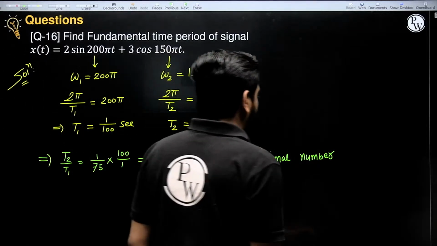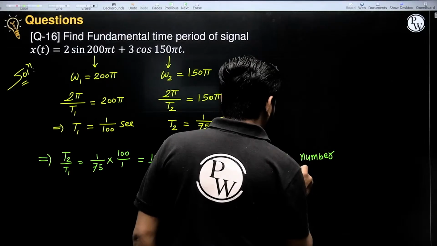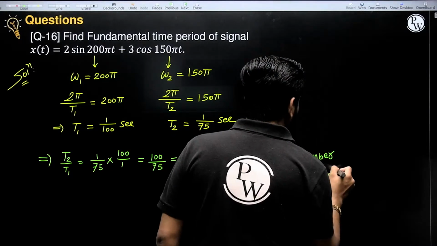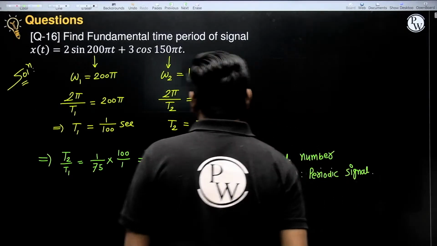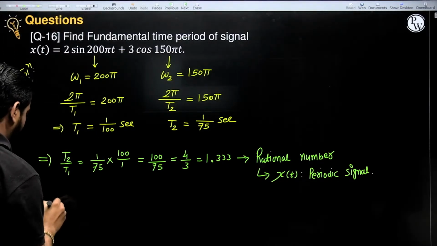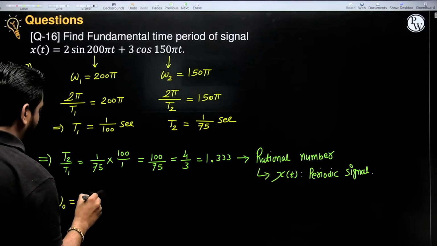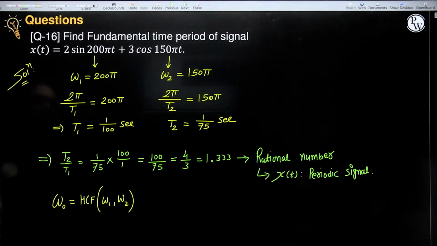and this indicates x of t is a periodic signal. The combination is periodic. If it is periodic, then the fundamental frequency omega 0 is the HCF, highest common factor or GCF, greatest common factor, of the individual frequencies omega 1 and omega 2, the two frequencies.